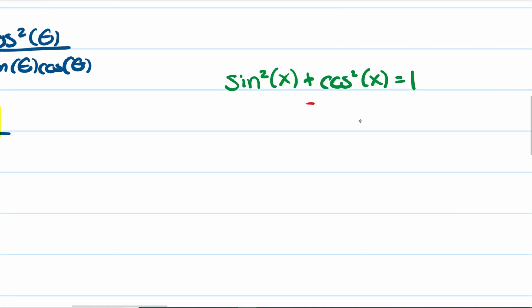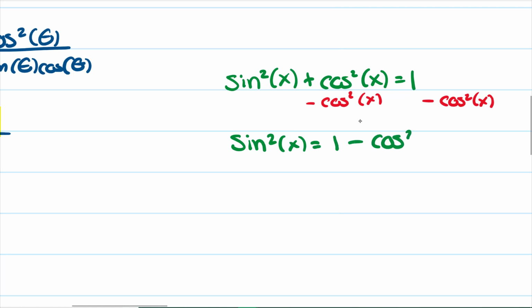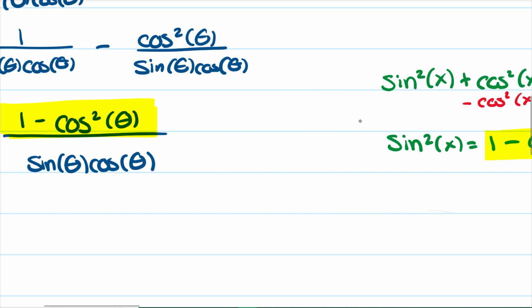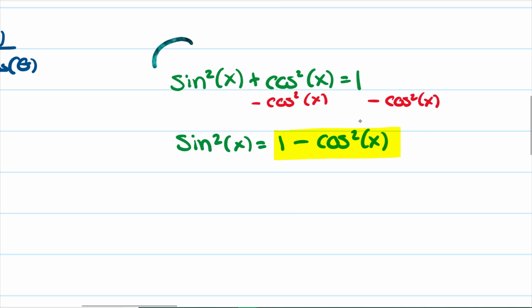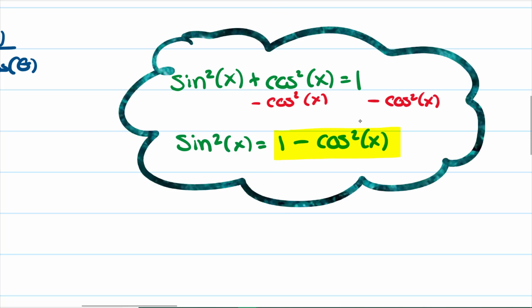So from both sides, I'm going to subtract cosine squared. And that's going to leave me with sine squared equals 1 minus cosine squared. Now notice that this matches that perfectly. So based off this, I can see that sine squared is equal to 1 minus cosine squared.